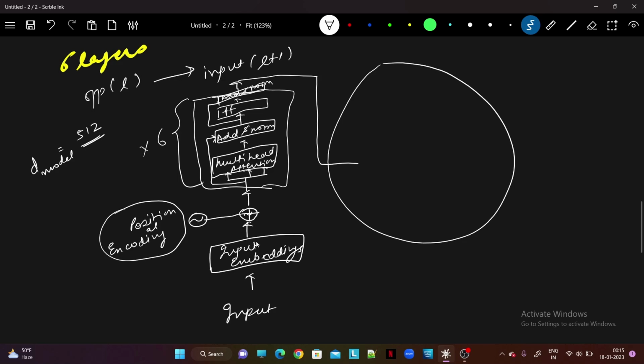Every input embedding has a dimension of 512, and the output of every layer will also only be of dimension 512. The output of this will be 512, and this also will be 512, and similarly for all the layers.